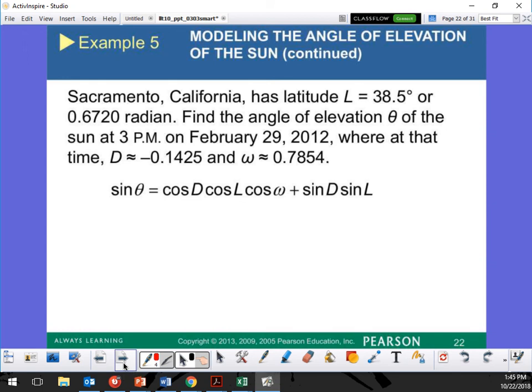Now, on this problem, we're going to go back through and enter in all these values. That's what we're doing. I told you that to get the theta by itself, I have to do the inverse. So theta equals inverse sine of all of that. So I'm going to plug it in as I go here.